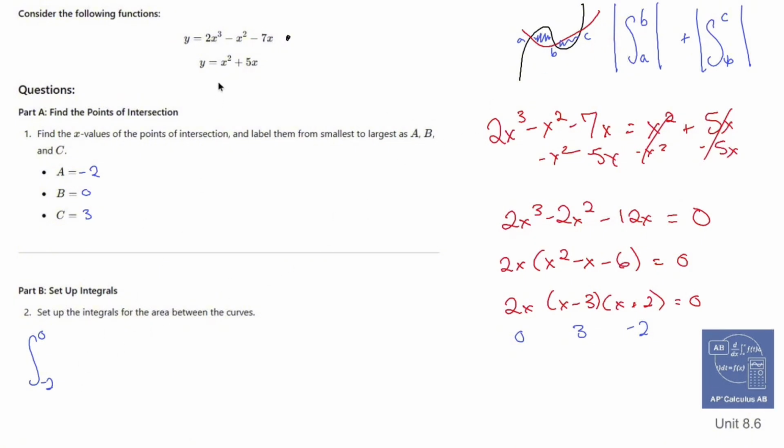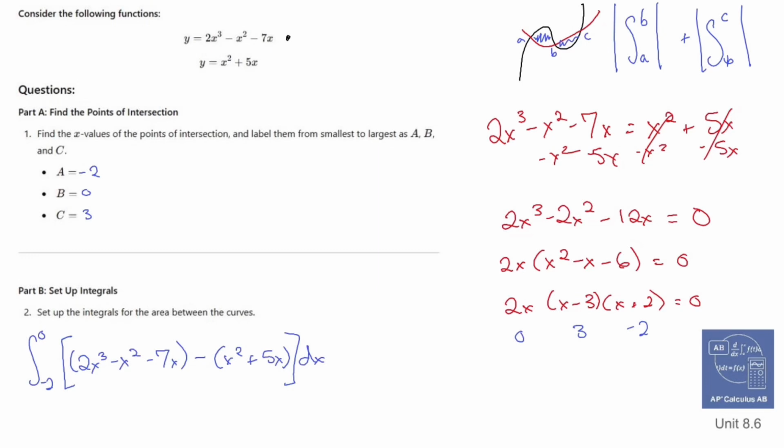If for some reason I were to do it the other way around, I'd get a negative and I'd just make it positive anyway. But I'm going to try to be consistent. And so this is going to be the integral of 2x cubed minus x squared minus 7x minus that whole thing right there, x squared plus 5x, close it, dx.